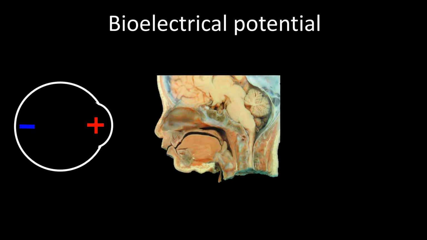A second common cause of bioelectrical artifact is the tongue. The tip of the tongue is negative in relation to the root of the tongue that is positive.